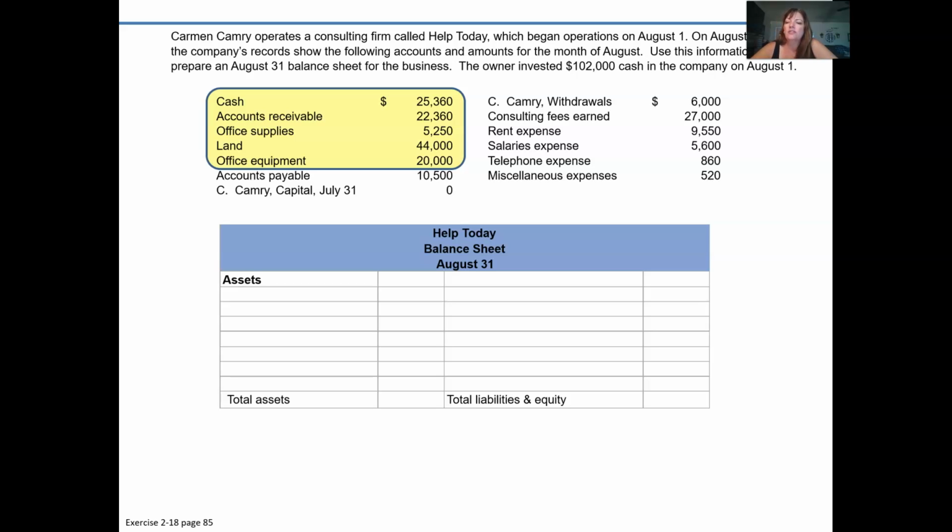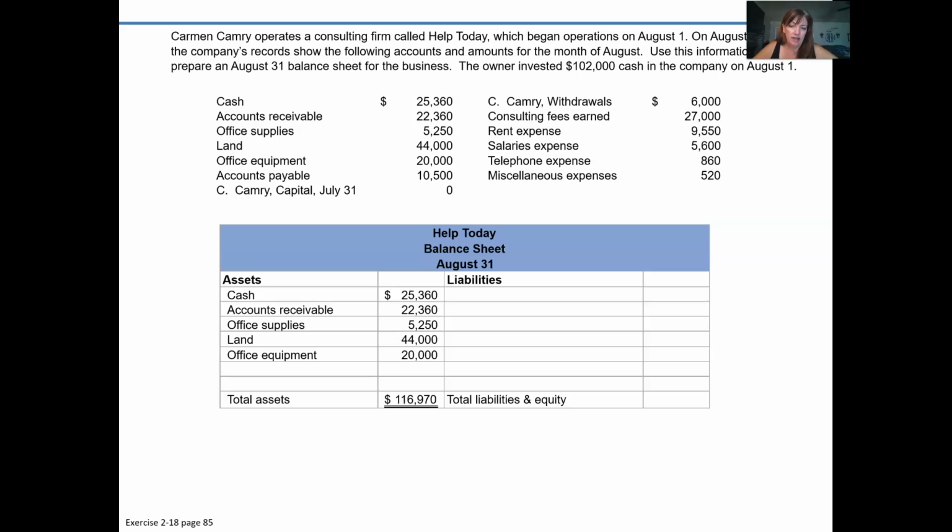Remember, the assets are listed in order of liquidity. Here are the 5 assets we're looking at, and they are in the order that they need to be in. List all 5 of them and add them up, and double underline. Don't forget, the first time that you list a number in a column, it gets a dollar sign, and your grand total also gets a dollar sign.